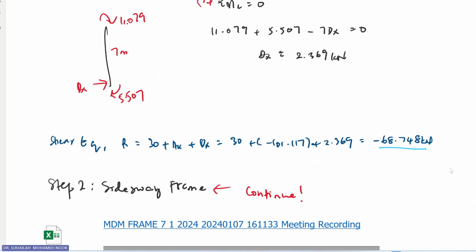This is the restraining force. So this is actually the no side sway frame analysis, part 1.